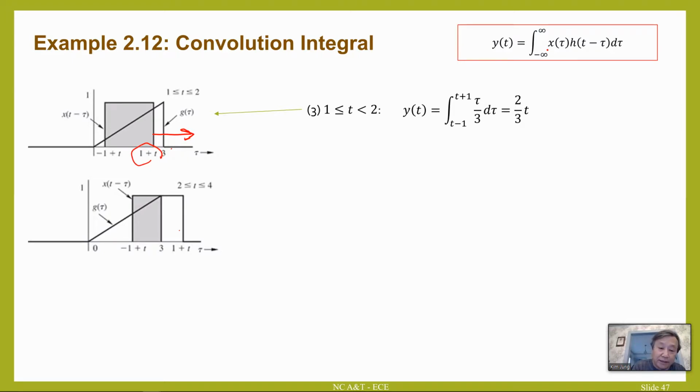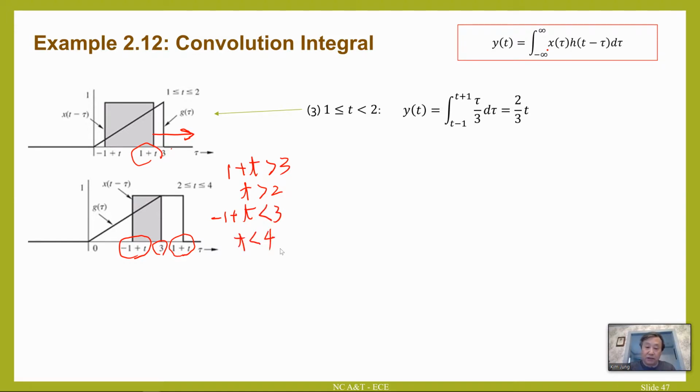In these cases, this position 1 plus t is greater than 3, so t is greater than 2. And then this one, minus 1 plus t, must be less than 3. So in order to partially overlap like this, t is less than 4.